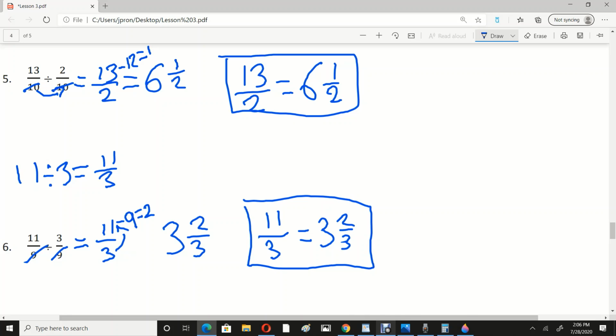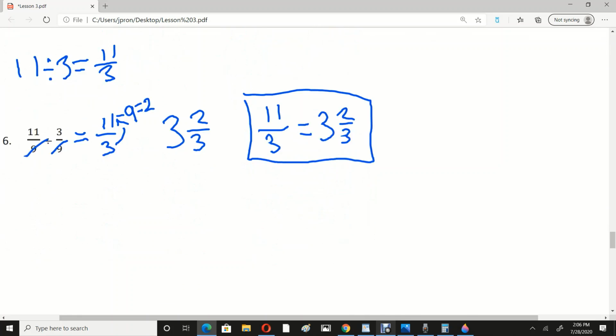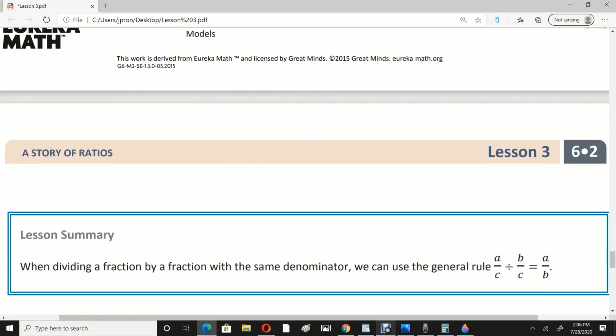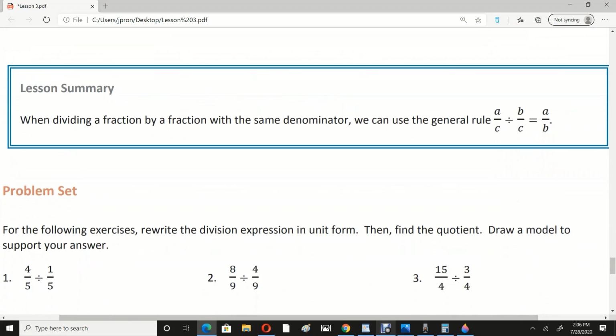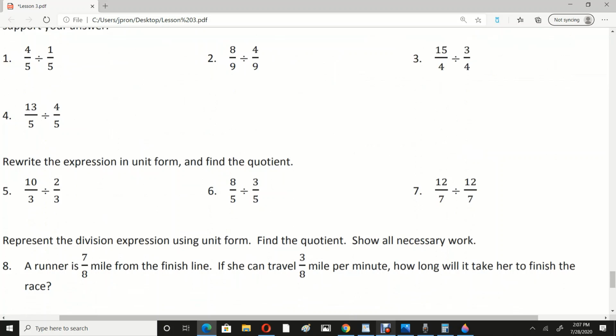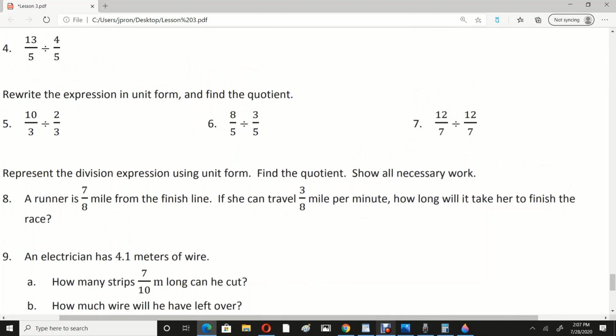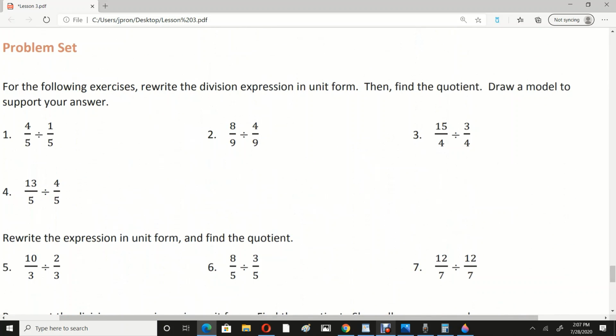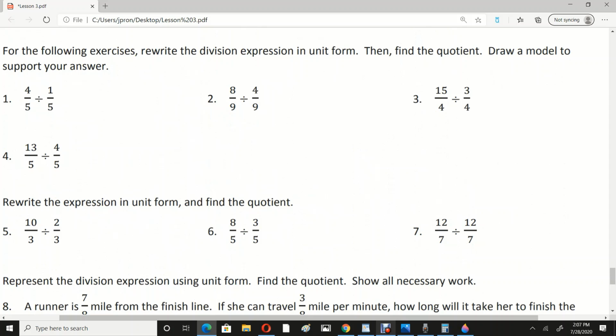Fantastic. Great. Okay, so with that, we're done with the classwork. And from here, you're going to be working the problem set for homework. You are going to be given the rest of the time in class to work on this. 1 through 7 here, as you can see, are just division problems.